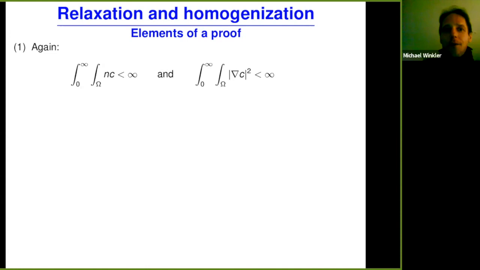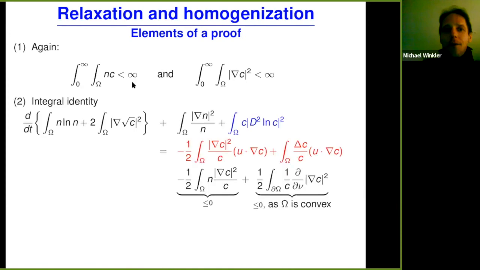How can this be further developed? In this system there are 2 miracles. These are the basics, but there are 2 miracles. And the first originates from this integral identity. You combine 2 functionals, and it will become something like an energy inequality.